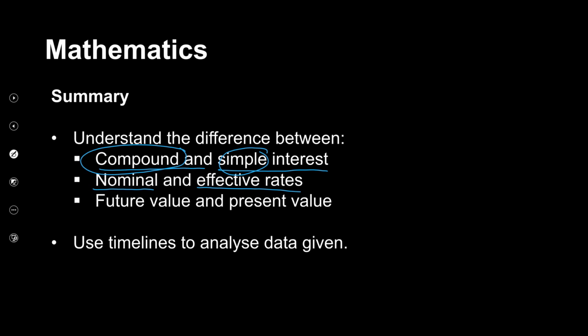The nominal is what I give you for the year. The effective is when I start to break down what I gave you for the year into months, quarters, half yearlies, or daily, or weeks, because at times they can be a bit tricky by saying compounded daily. You also need to know the difference between the future and the present value.